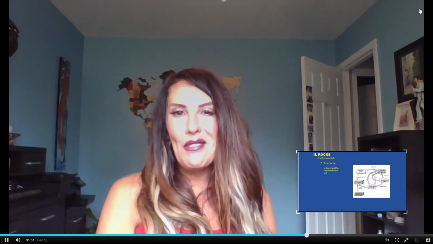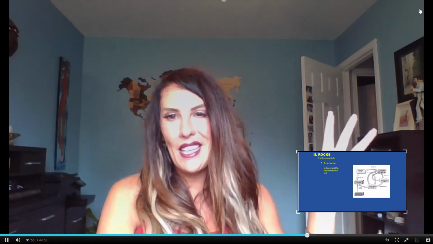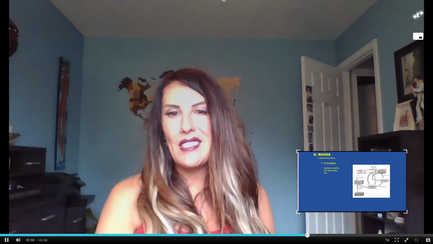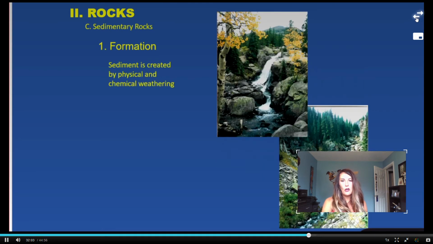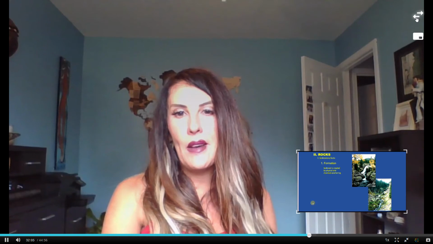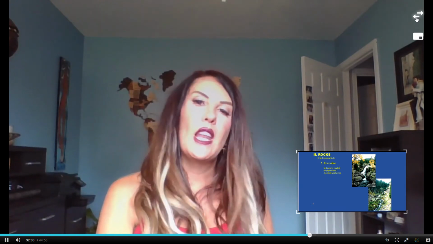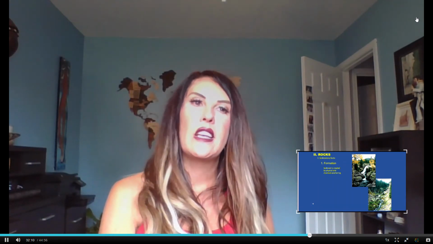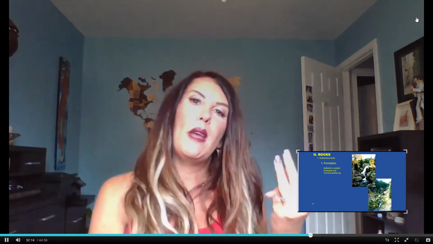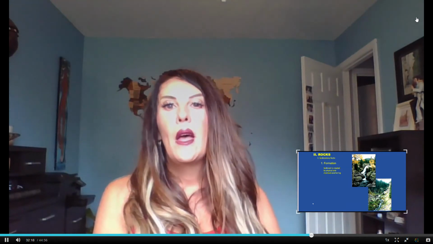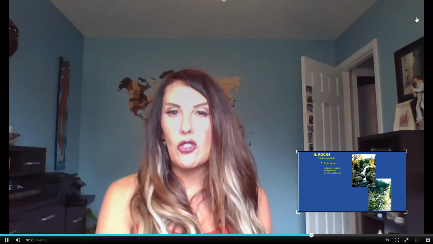Moving forward from igneous rocks, we can move into sedimentary rocks. The main process is called lithification, but before we get to lithification, we have to be able to generate sediment. Any rock that's exposed at the Earth's surface can be broken down into smaller and smaller parts by three major modes: by wind, by water, or by glacial activity.